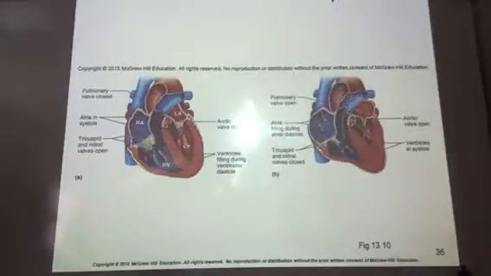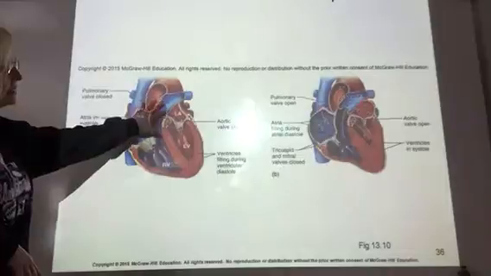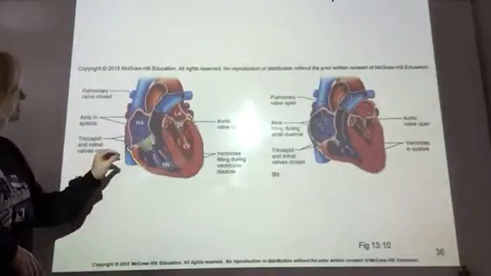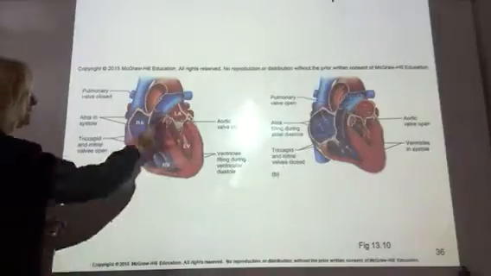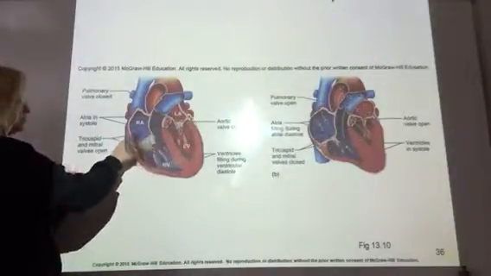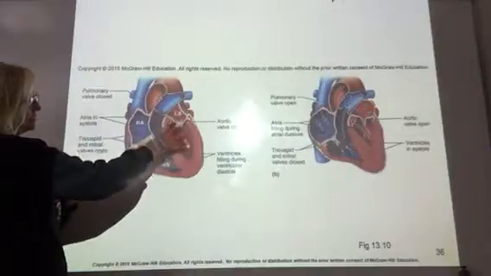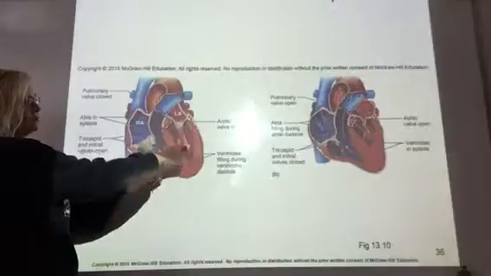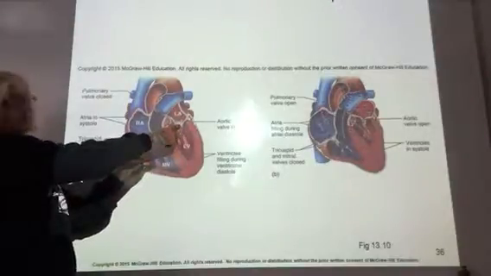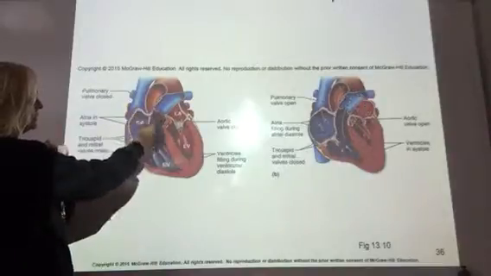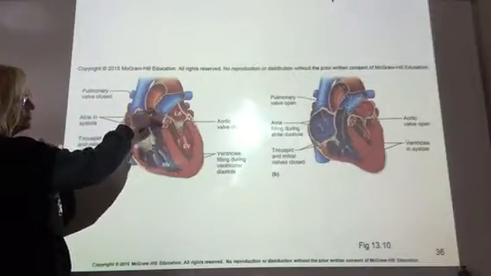So here's a diagram kind of without the blood in it. What happens is when these valves are open, these are called your AV valves. So my tricuspid and bicuspid are open. They are letting blood fall into the ventricles. If these valves are open, my semilunar valves, so my pulmonary and my aortic, are closed.